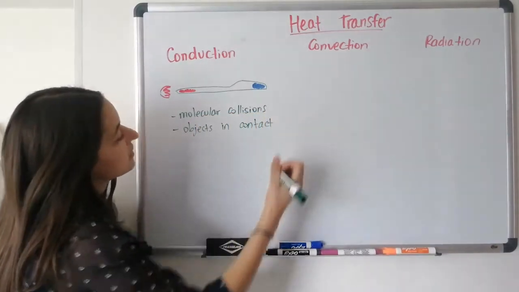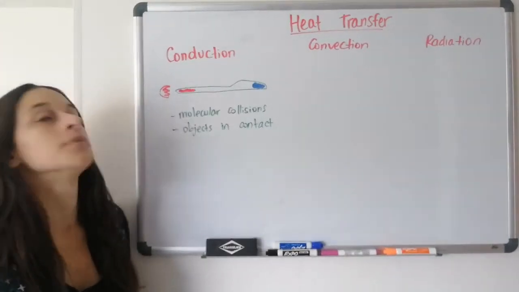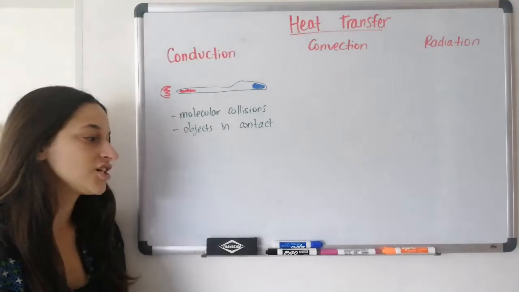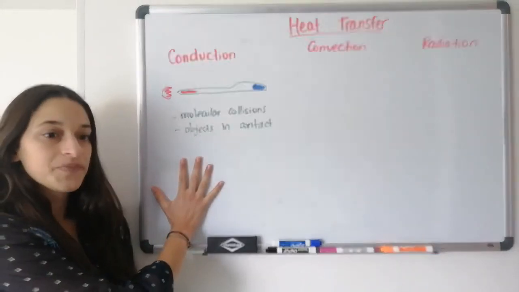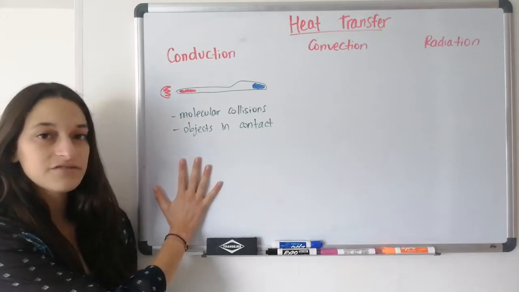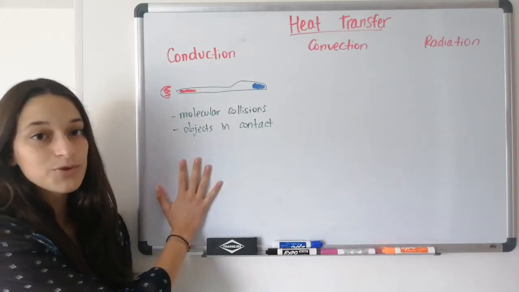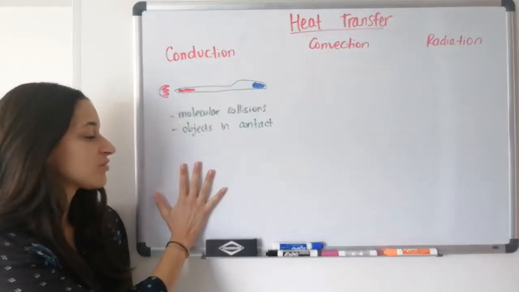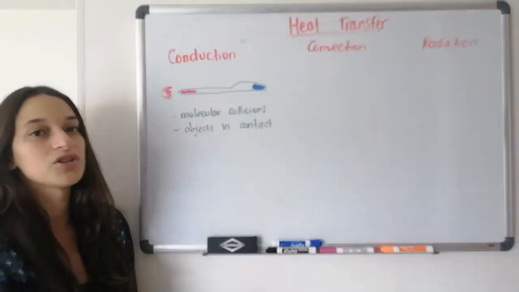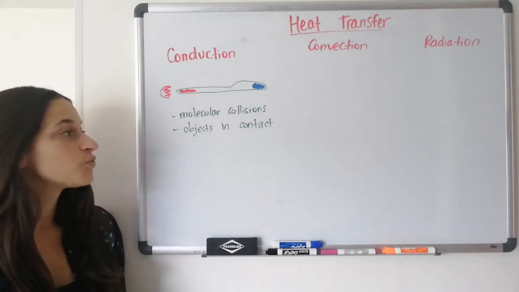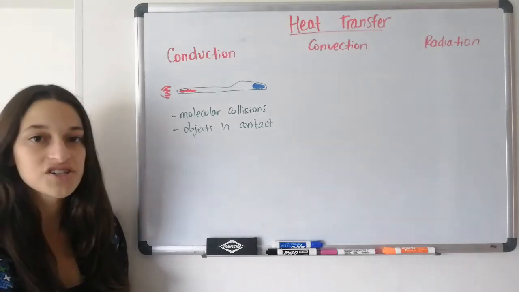Another example of conduction could be if I touch this board, I'm going to give some of my heat from my hand to the board through conduction because I'm touching the board. So the molecules of my hand are touching the molecules of the board and therefore handing it some of the heat.